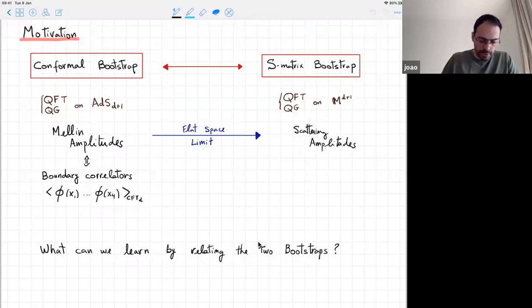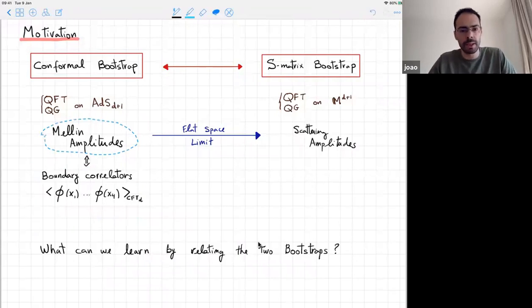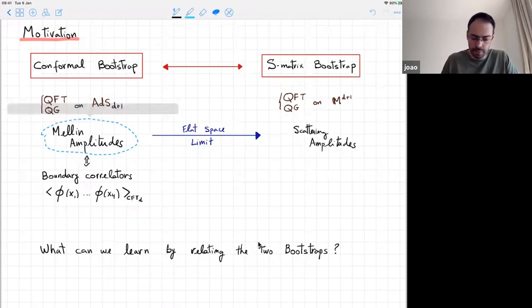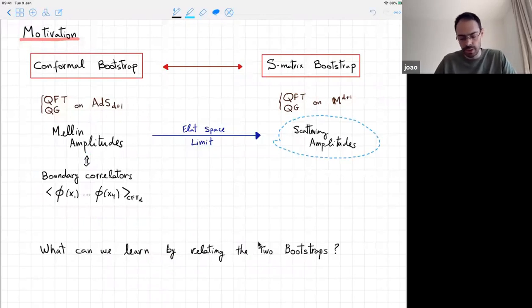But equivalently, I will quickly review, instead of working in position space, we can write correlation functions in Mellin space, and that's what defines Mellin amplitudes. And in this language, the analogy with the S-matrix bootstrap becomes more transparent.